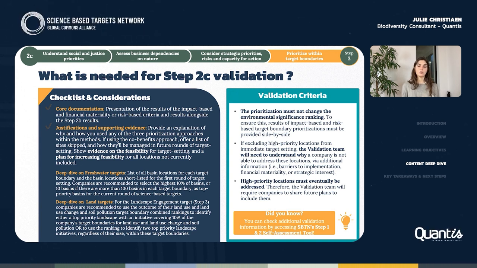Whether it be for freshwater or for land, if the companies do not follow the mandated cutoffs or requirements, companies will need to provide adequate data and justification for any deviations.